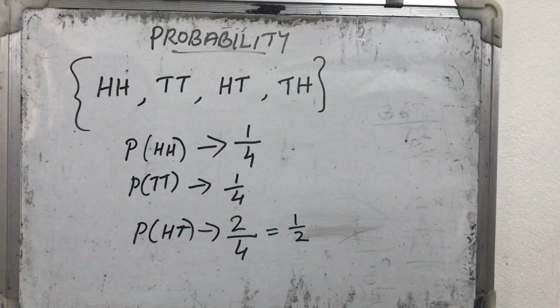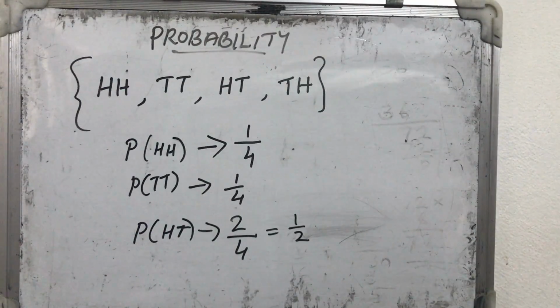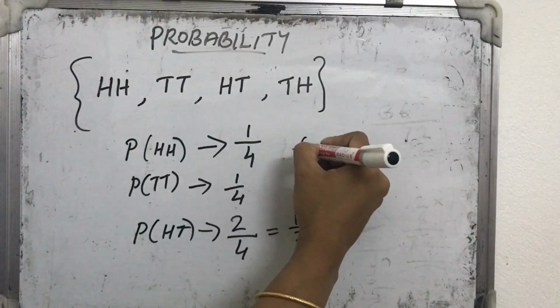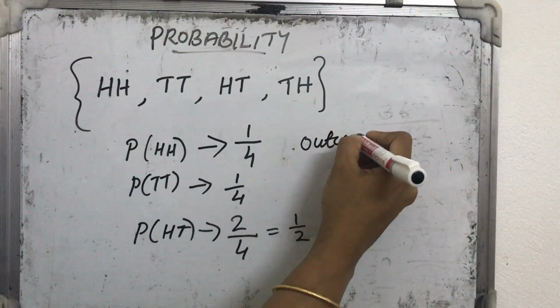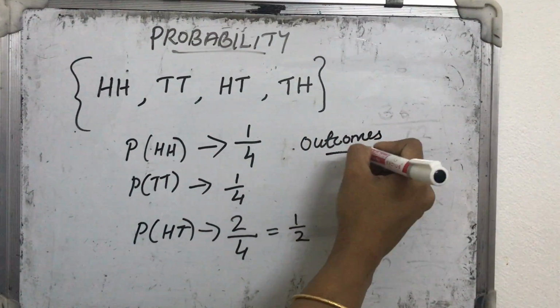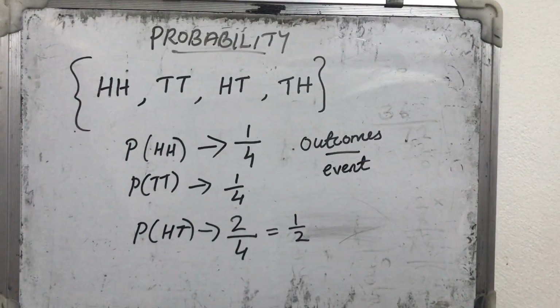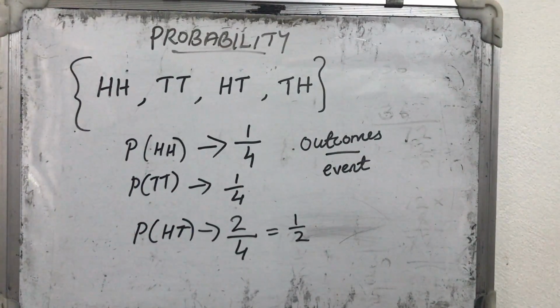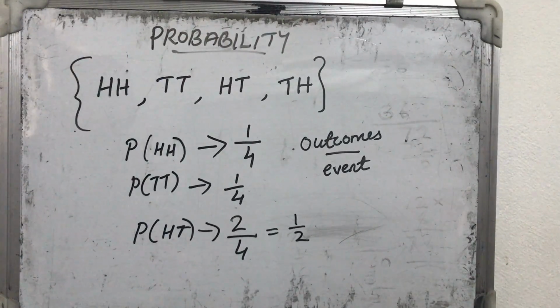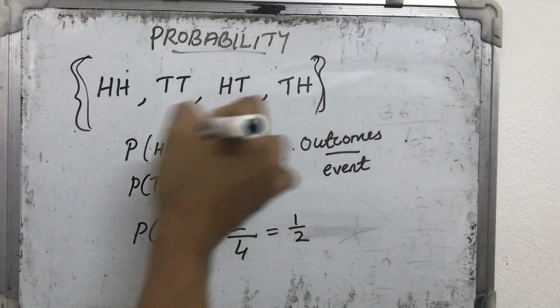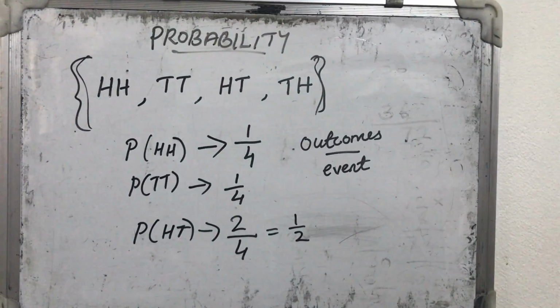That result is called outcomes or events. Then all the possible outcomes together are called the sample space.